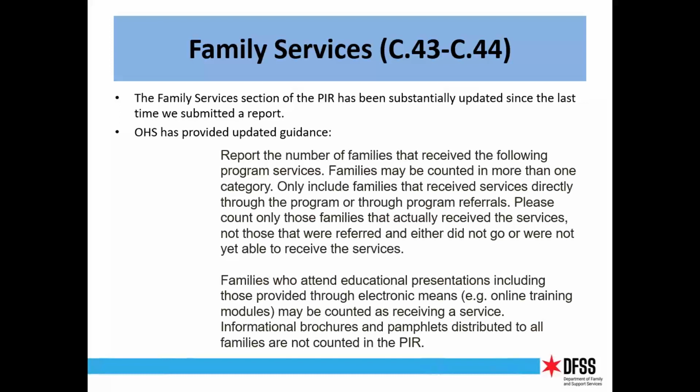You'll notice, though, that if you count them several times, they'll only count once in the bottom, which totals them up. Only include families that received services directly through the program or through program referrals. Please count only those families that actually received the services, not those that were referred and either did not go or were not yet able to receive the services. And you'll see how you account for that in a minute.